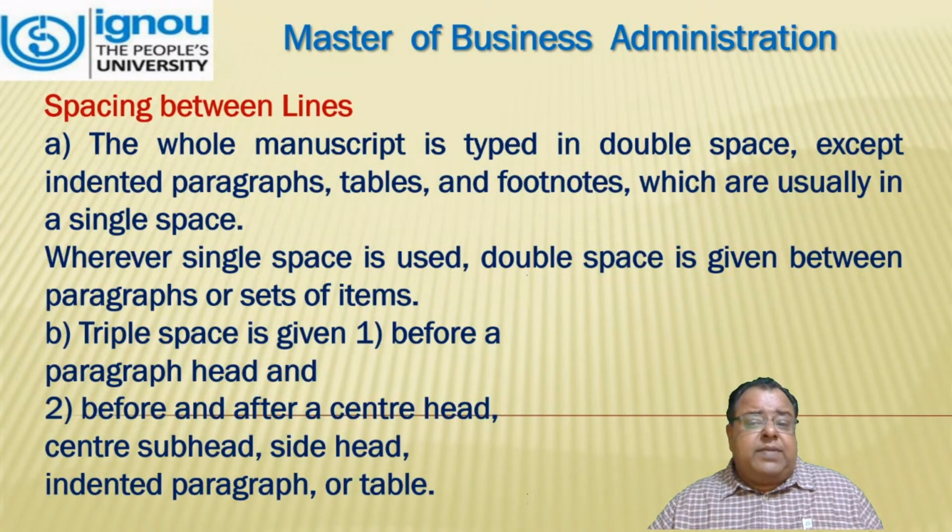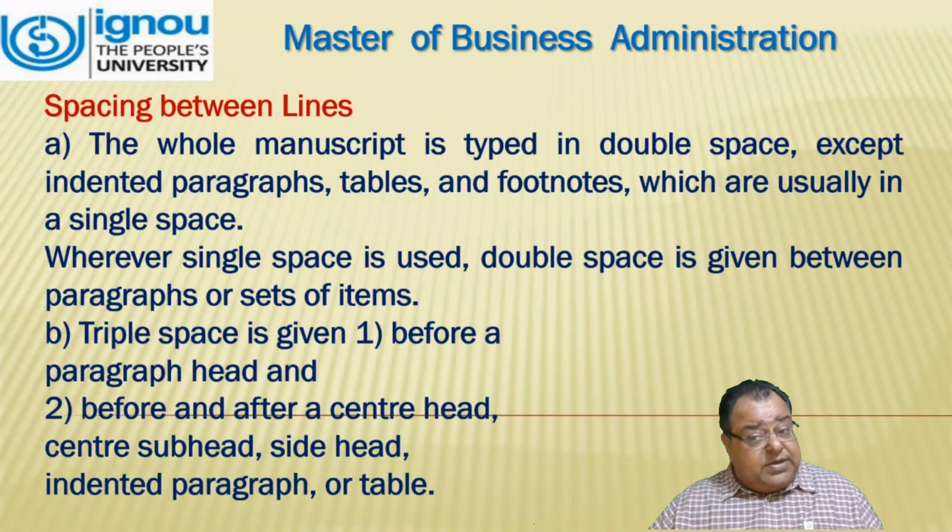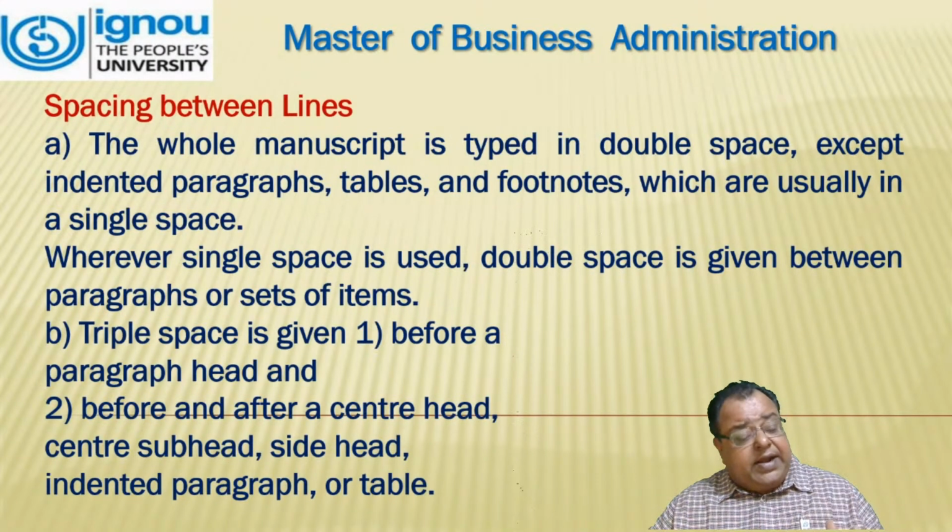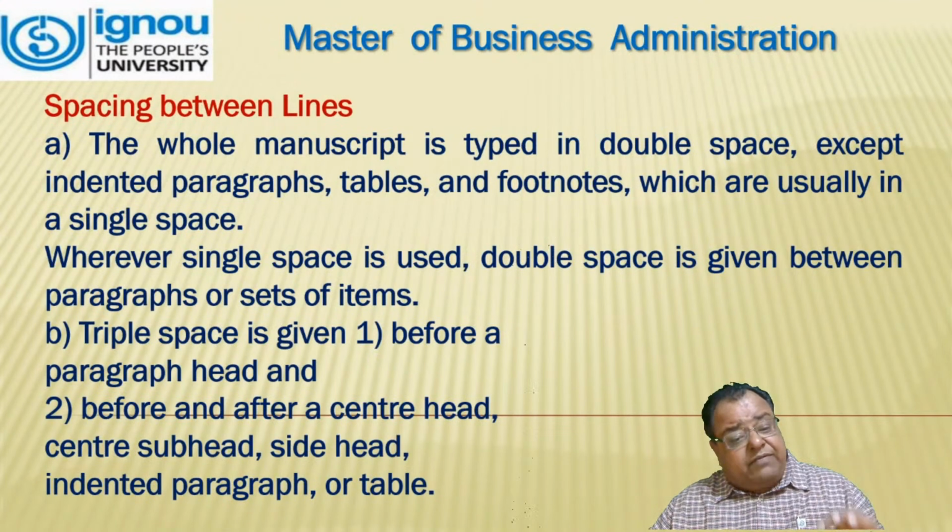The whole manuscript is typed in double space, except indented paragraphs, tables, and footnotes, which are usually in single space. Wherever single space is used, double space is given between the paragraphs and the set of items. Triple space is given once before a paragraph head and before and after a center head, center subhead, side head, indented paragraph, or tables.